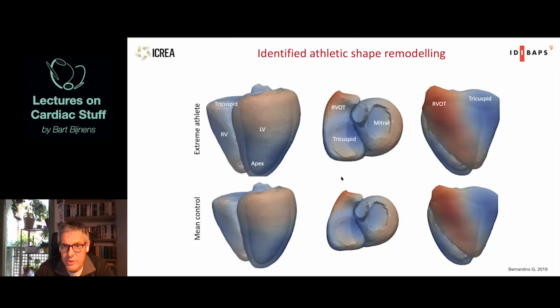The other thing that you see is that it's predominantly the right ventricular outflow tract that seems to be widening, which can make sense, because you have to increase the volume load. If it's wider, it might be easier to do it at lower velocities. And the other thing you see is that the shape is changing in such a way that it becomes less flattened in some ways.